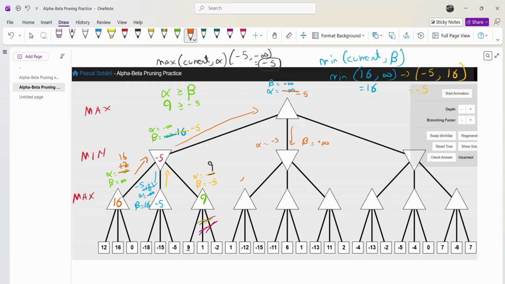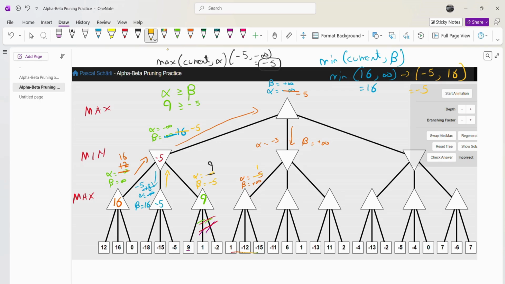Once again we have alpha as negative 5 here, beta as positive infinity. Now here it's a max node, so we are going to compare the values of these three with minus 5. 1 is the largest value over here, so we get 1. Now can we prune this? The condition is alpha has to be greater than beta.